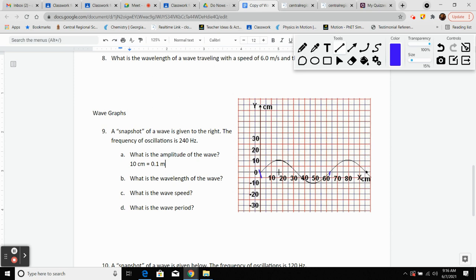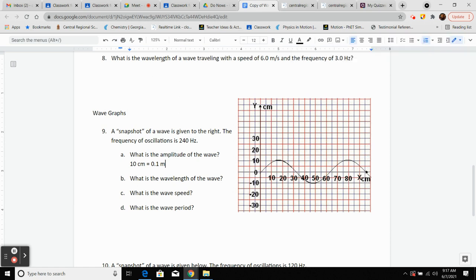So from this spot to this spot is going to be our distance. This is going to be our wavelength. This would be 60, this is 65. Call it 62 and a half. So it's 62.5 centimeters. What would that be in meters? Good, 0.625 meters. Excellent.